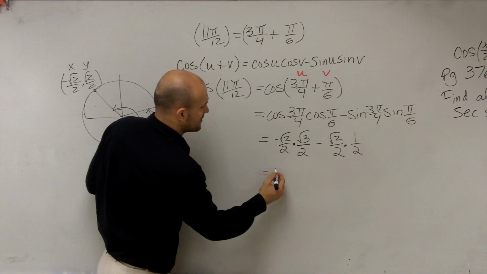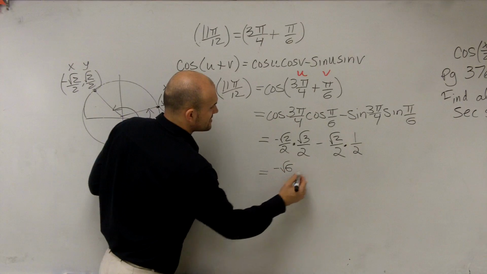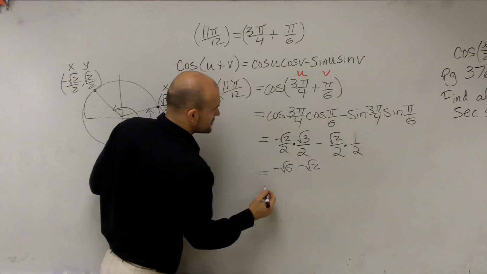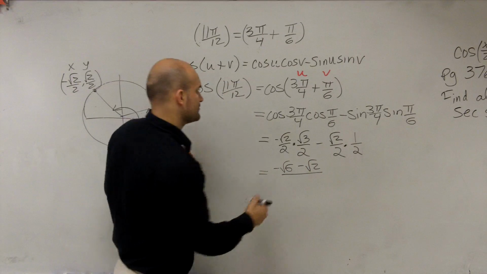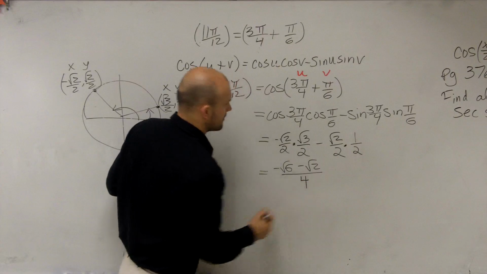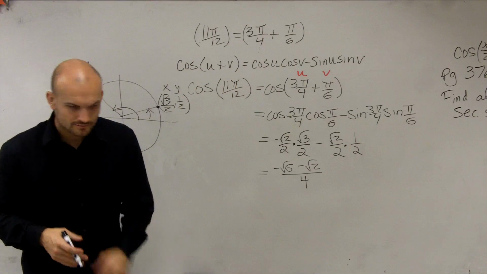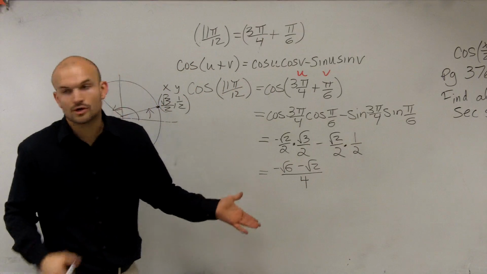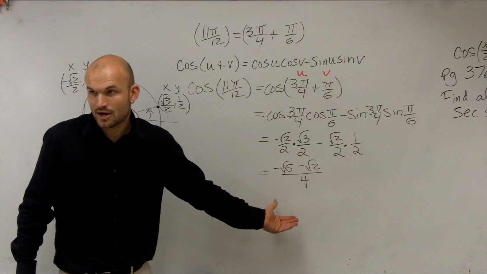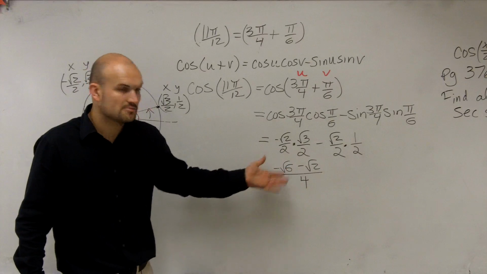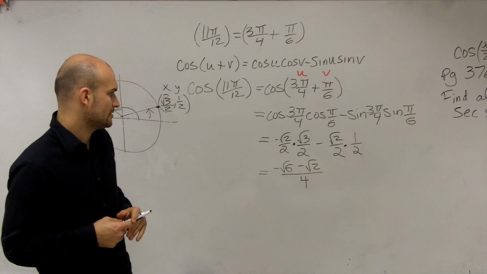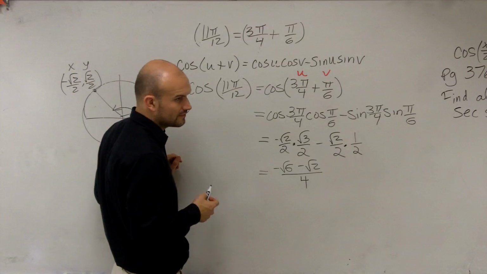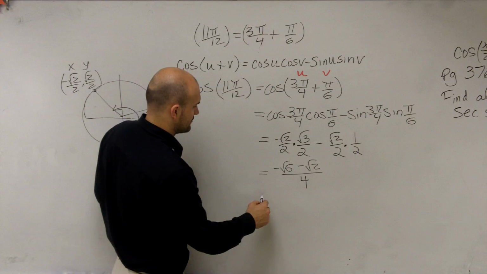So therefore, I'm going to get negative square root of 6 minus the square root of 2 over 4. Then you can notice that there are factorable terms. You can factor out a common term, which would be a square root of 2 over 4.